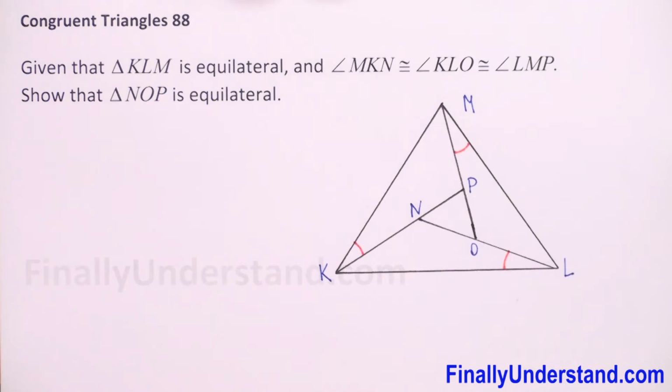So we have to show that triangle ONP is equilateral.